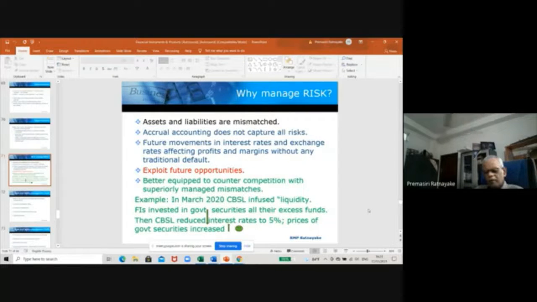And on top of that, the financial VAT was increased from 15% to 18%, by 3%. So all this is because the financial services industry, the banks and finance companies, are maintaining high intermediation cost. The assets are priced way above the pricing of liabilities.